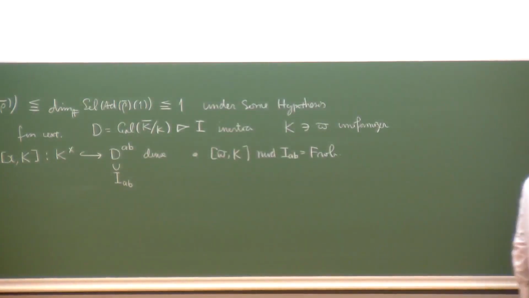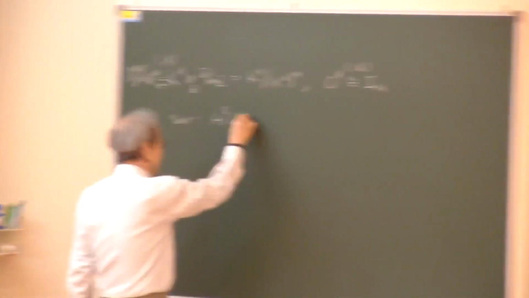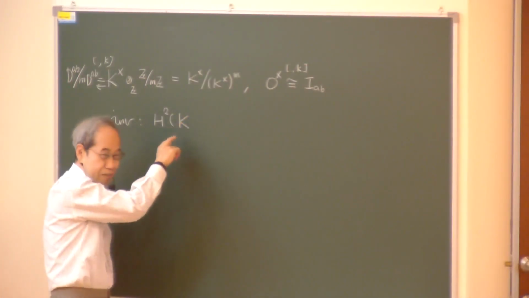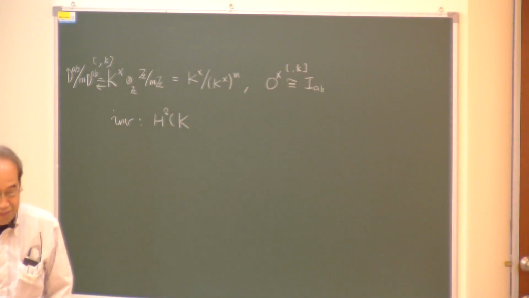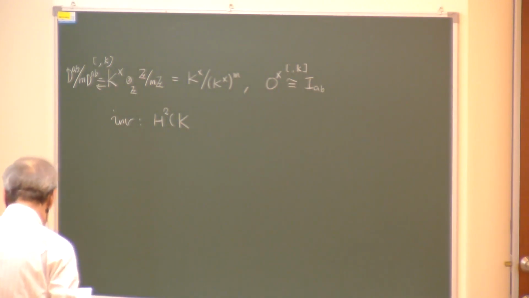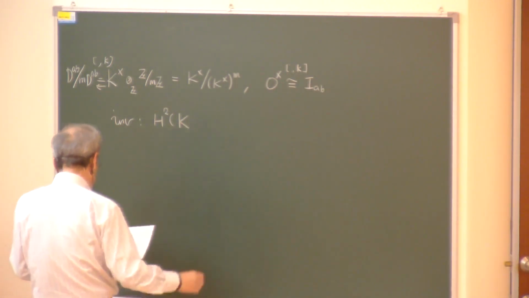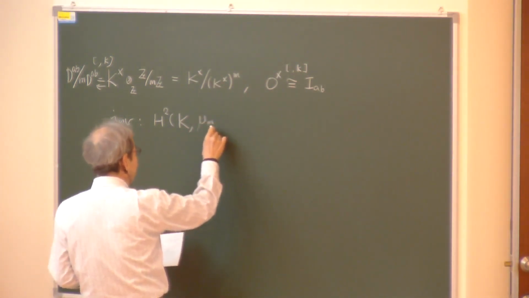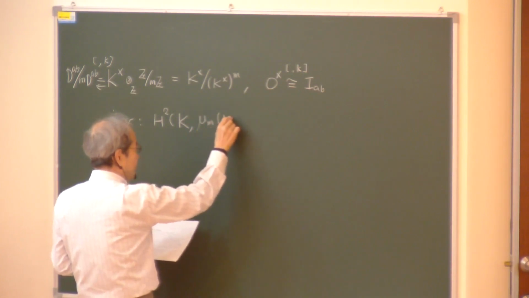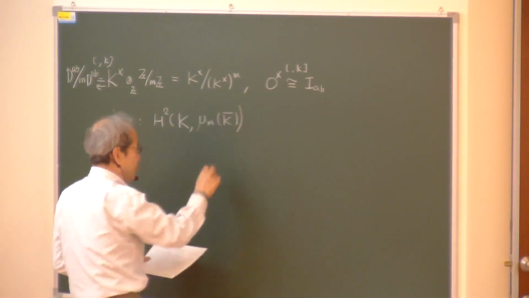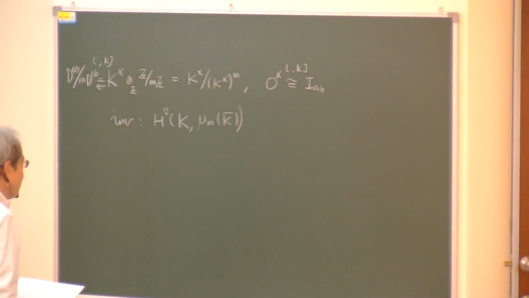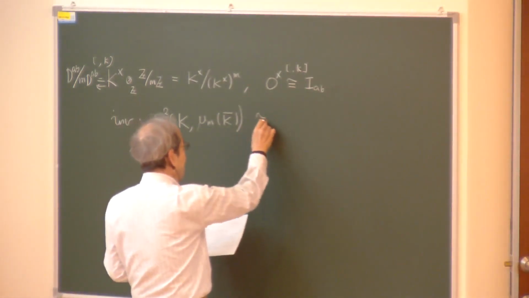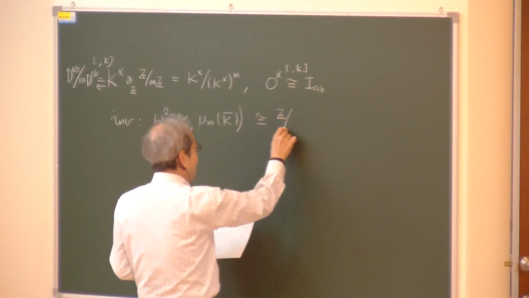So K is not a group, but this is the base field, and I've taken Galois cohomology for the algebraic closure. This is very typical notation. And then you plug in mu_m, the mth roots of unity. As a Galois module, you evaluate all mth roots of unity, you have a Galois action. And then this is canonically isomorphic to Z over mZ.